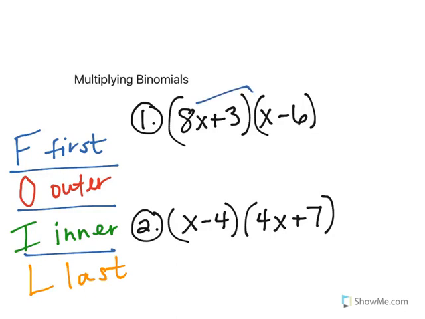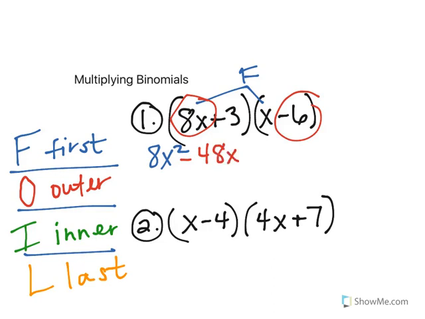So we're going to do first, which would give us x squared. And then you're going to do the outer, and that's going to get us negative 48x. And then the inner, 3 times x, and that's going to give us negative 3x.